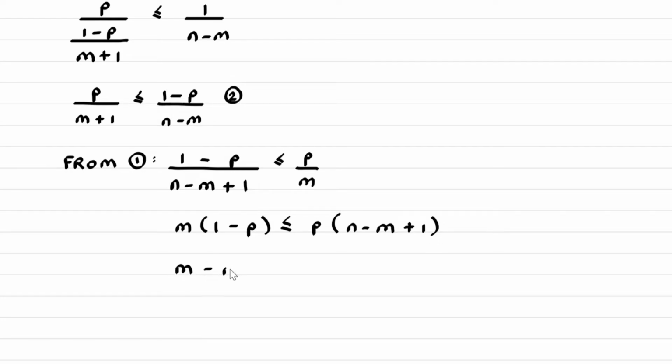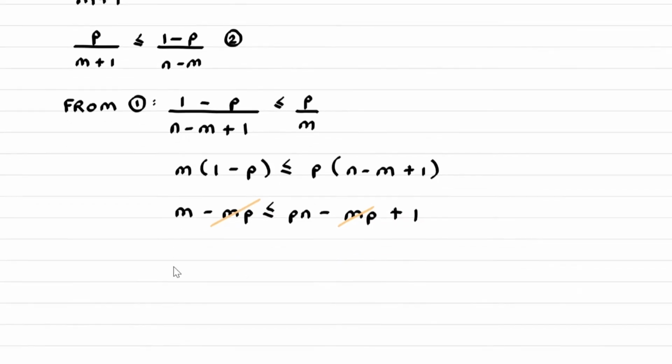So I've got m minus mp being less than pn minus mp plus 1. Now the mp's cancel on both sides, so I've got m being less than or equal to pn plus p, and from this we can see then m is less than or equal to p multiplied by n plus 1. Now I'll call this 3 for now.